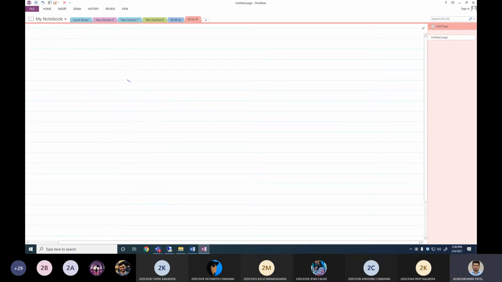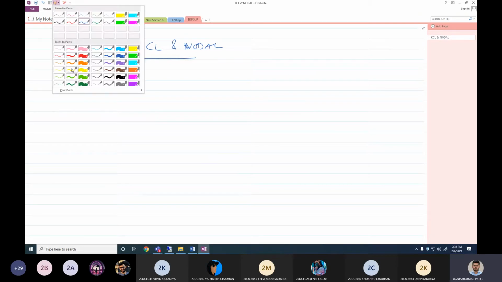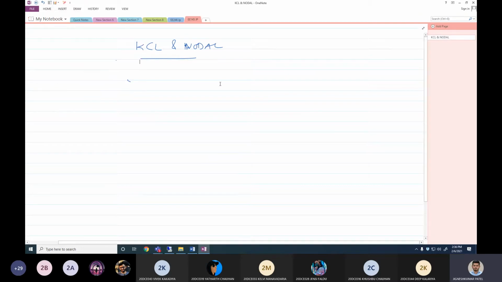Today's experiment, number 3, is based on KCL and nodal analysis. In nodal analysis, or this KCL, we are going to have a circuit. It's very difficult to draw a resistor using this digital pad, but let me draw it.